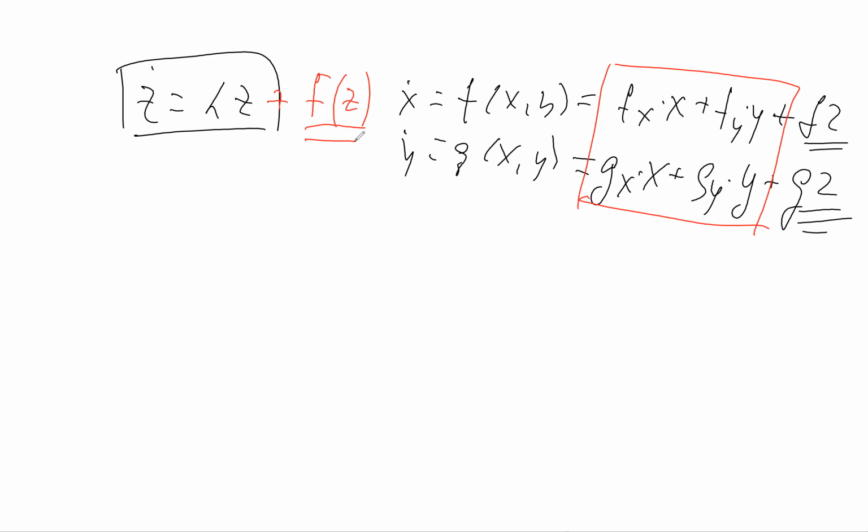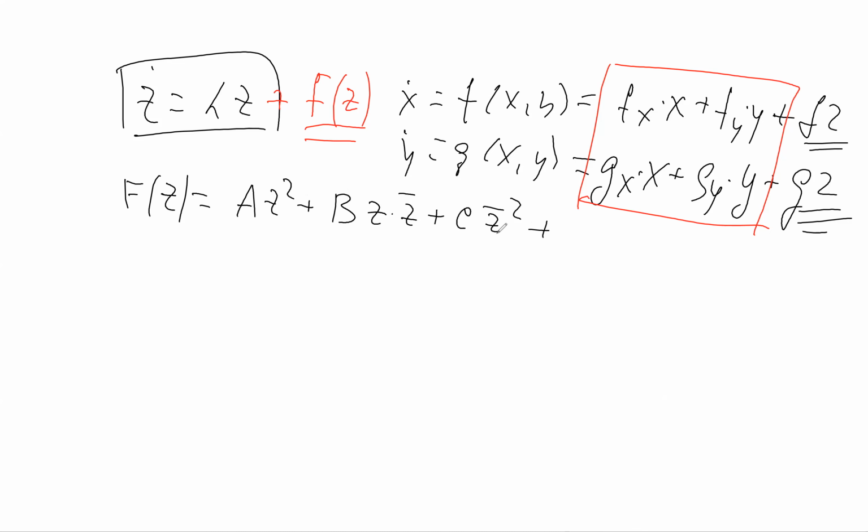And this capital F of z doesn't have a linear part. Generally, it will be like this: a times z squared plus b times z z conjugate plus c times z conjugate squared.